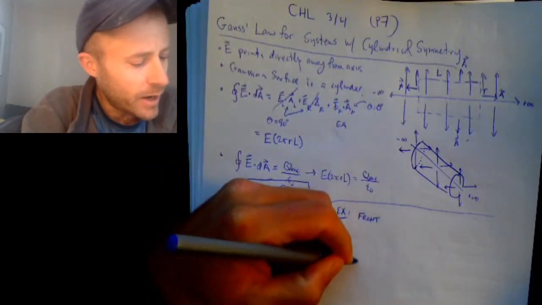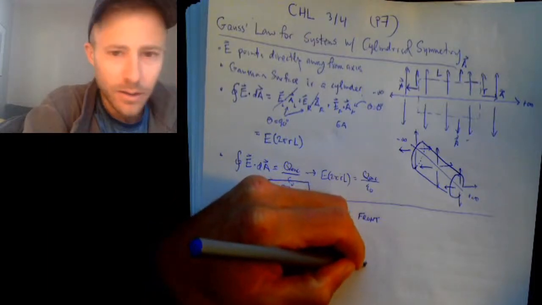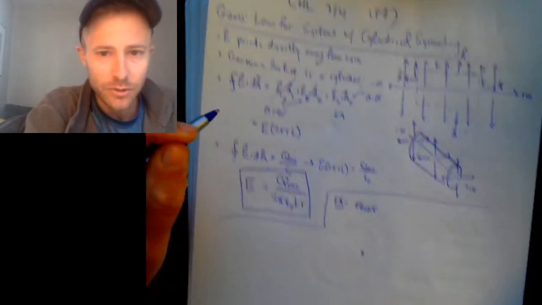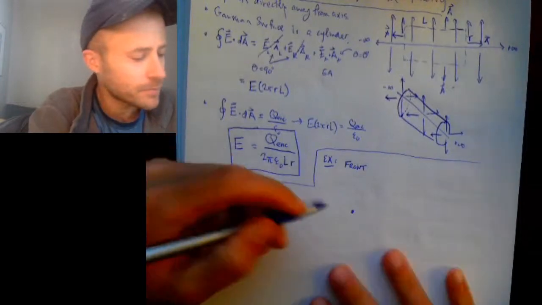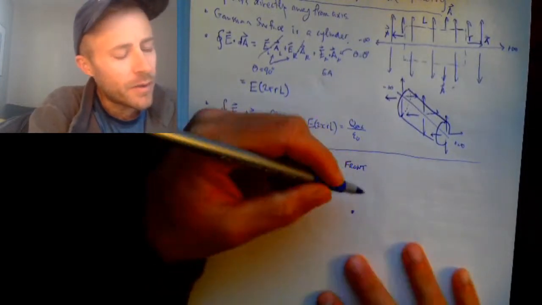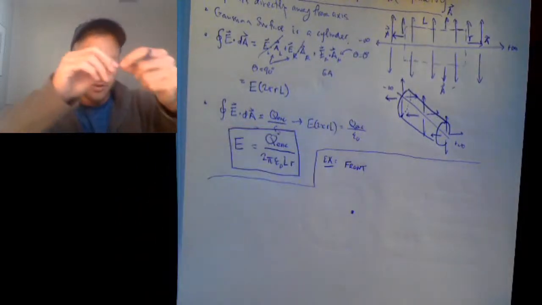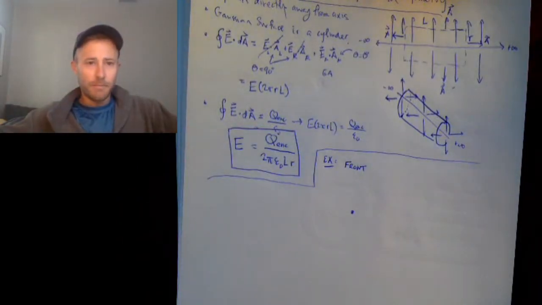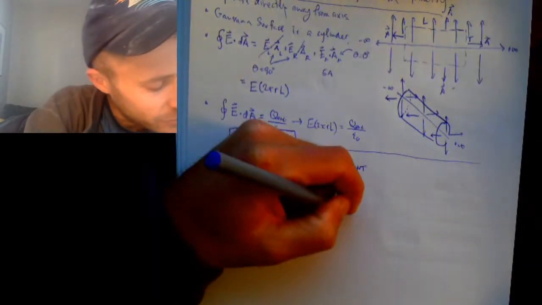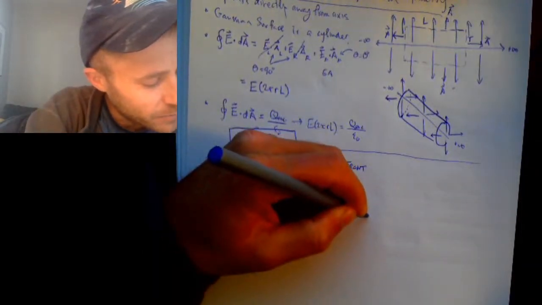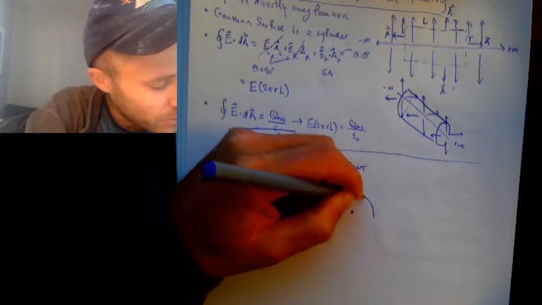So from the front view, we are going to have a line of charge in the middle. And then that line of charge is surrounded by, so think about the line of charge as like a string, and then that string is surrounded by a toilet paper roll.